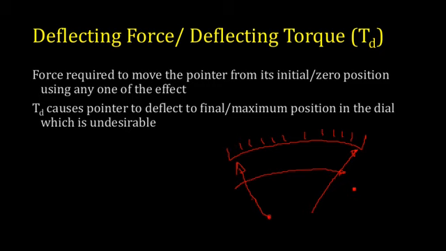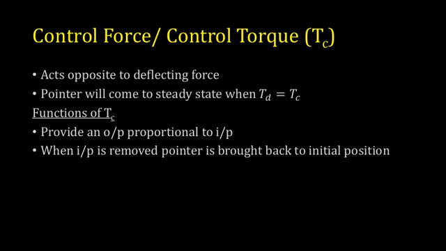In order to avoid that, suppose my reading is here, this is the point where I need to stop my pointer. If I have only deflecting force, I may not be able to do it, because the deflecting force always tends to deflect the pointer to the maximum value. So to control the deflecting torque, you have the controlling force or controlling torque.